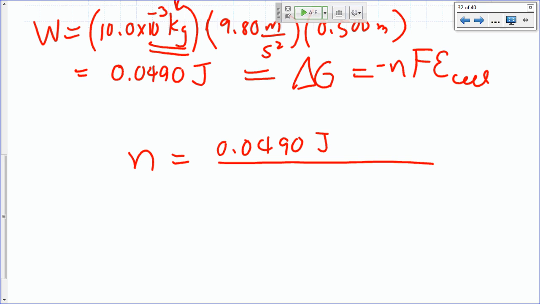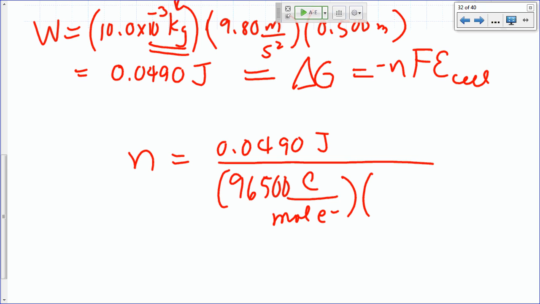Faraday is 96,500 coulombs per mole of electrons. And our cell potential is how much? 1.5 volts. So 1.5 joules per coulomb. A volt is a joule per coulomb.